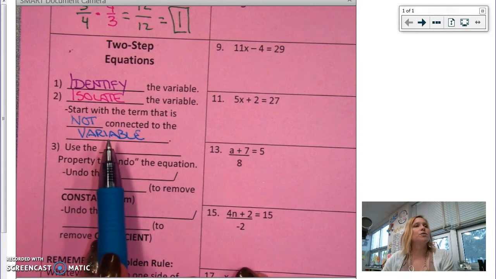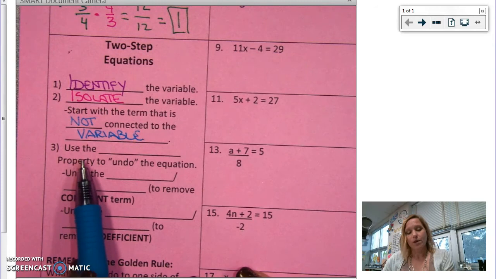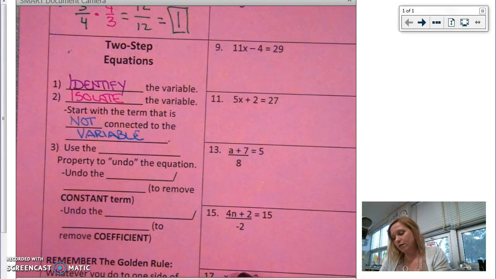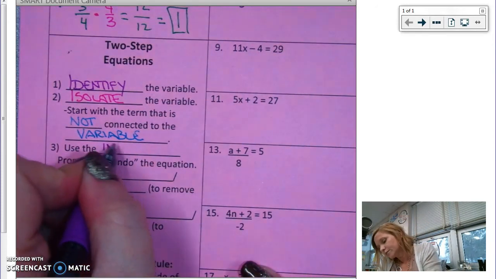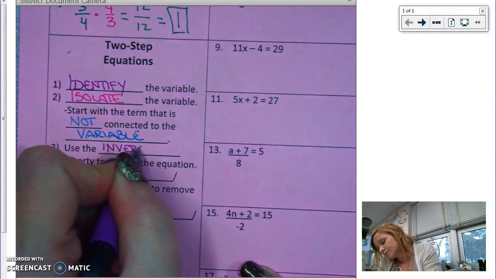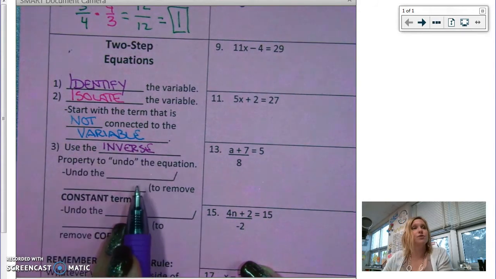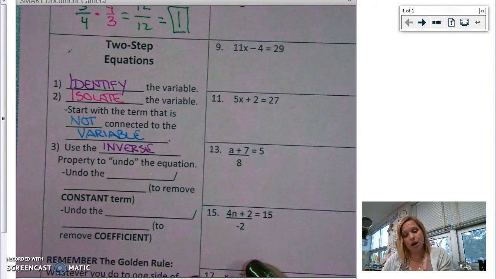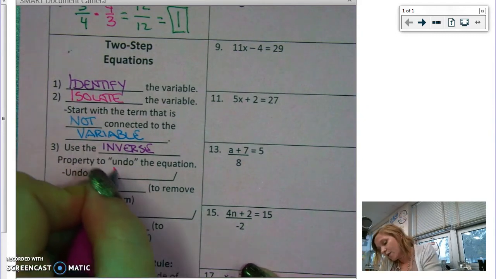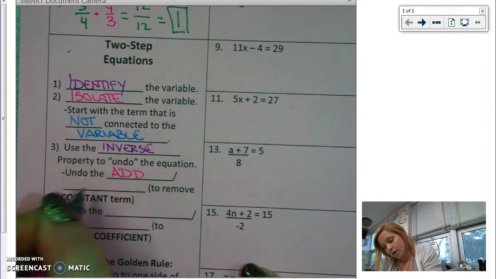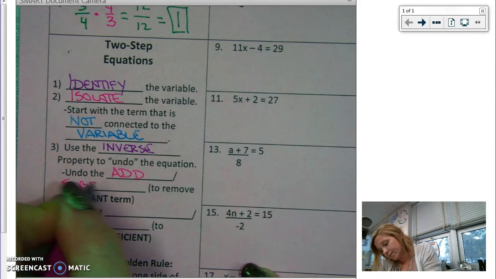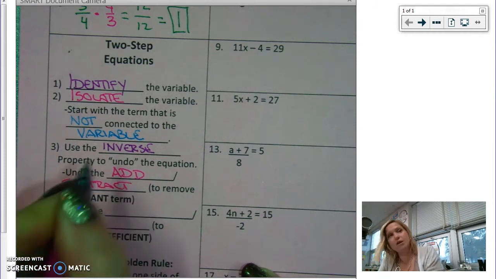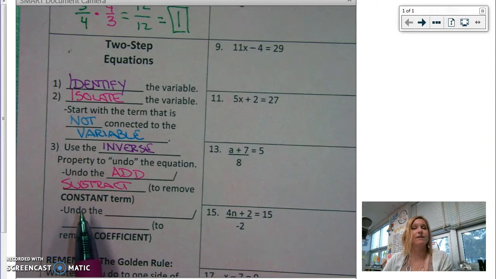So we're going to not start with the variable, and then we are going to use our inverse operations to undo the equation. So we are going to undo all the adding in the problem and all the subtracting. So basically we're removing the constant that's on the side of the variable.